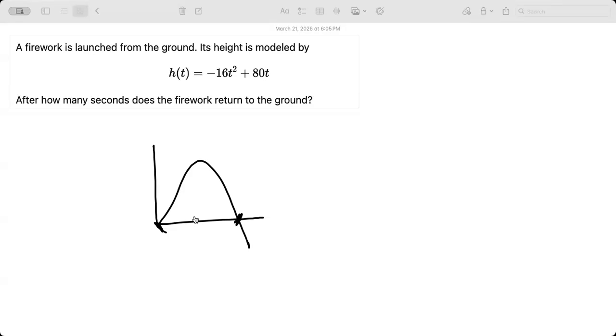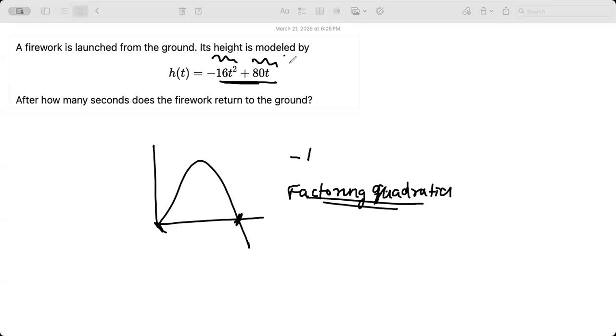Let me show you. So here, now you need to factorize it. You have to know how to factorize quadratics. What is factoring quadratics? That means this is a term, this is a term, correct ma?